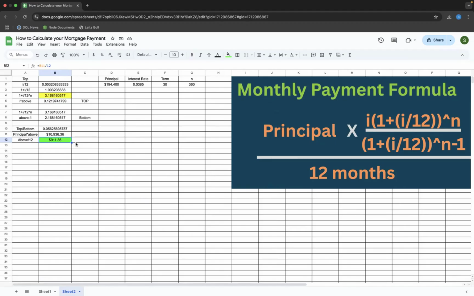There's the escrow account, where your taxes and your home insurance are lumped into an account called an escrow account. You pay into that on a monthly basis. But this number right here, 91136, is the exact accurate number of what I pay in principal and interest every single month. So for the next 30 years or 360 payments, I'm going to owe 91136.